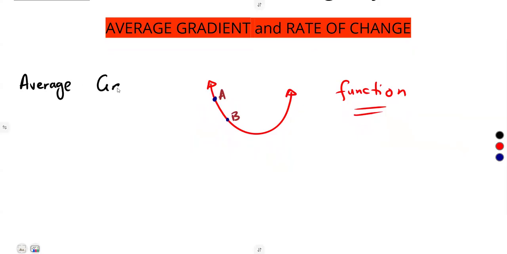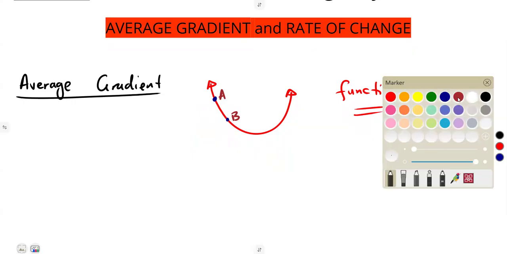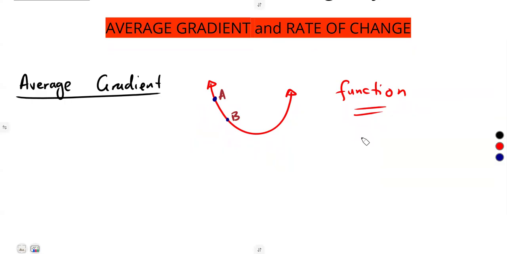Remember, before you dealt with the gradient, that is the same thing, but only that it's from a curve, from a function where you must be given 2 points.